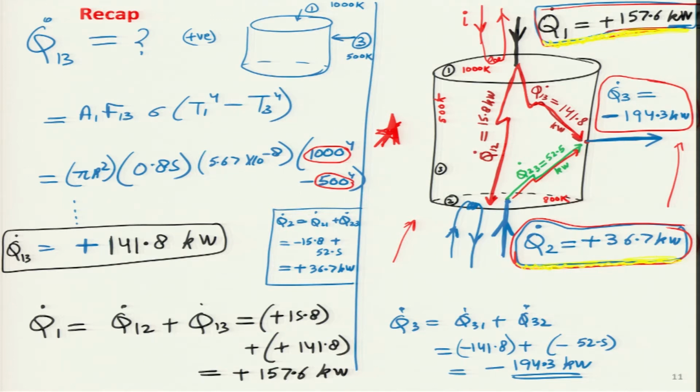Both of these heats are absorbed by the third surface, surface 3, which then is a net absorber of heat of about the sum of these two numbers, which, with a negative sign over here, turns out to be about 194.3 kilowatts.